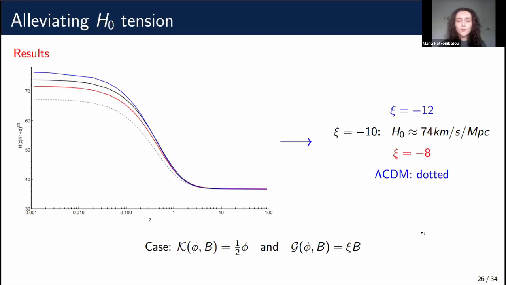For the second model we constructed, we again get a very similar result. Again, we have deviations from the ΛCDM model for several parameter choices of Xi, and there is an alleviation of the tension for the case where Xi is equal to -10 and H0 is close to 74 again.